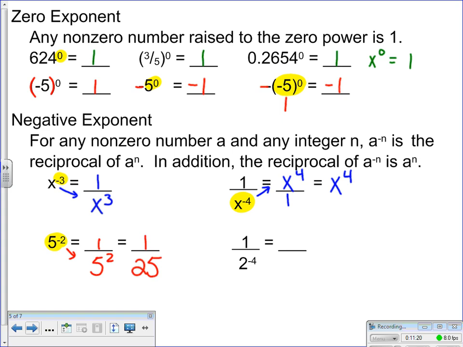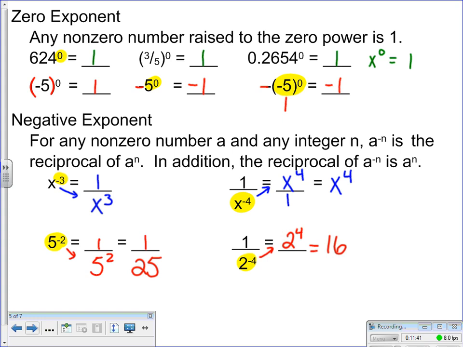And again, if the number on the bottom is already negative, you can make it positive by moving it up, making it 2 to the 4th power, and then working that out and getting 16. So negative exponents all need to be positive before you submit your answer.